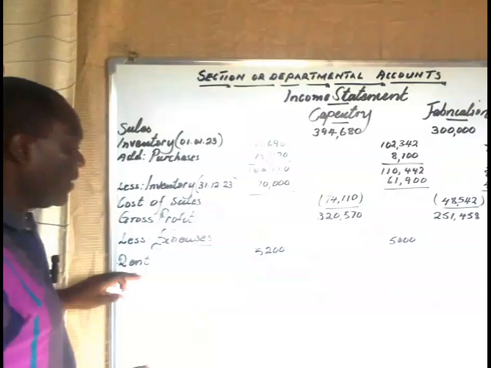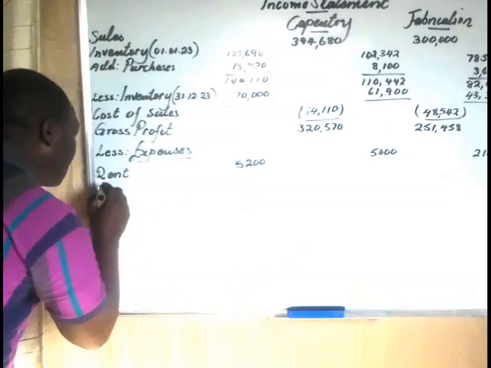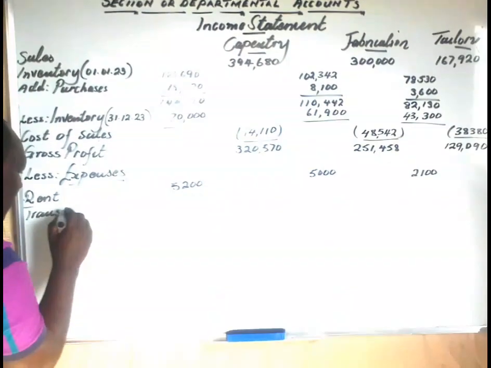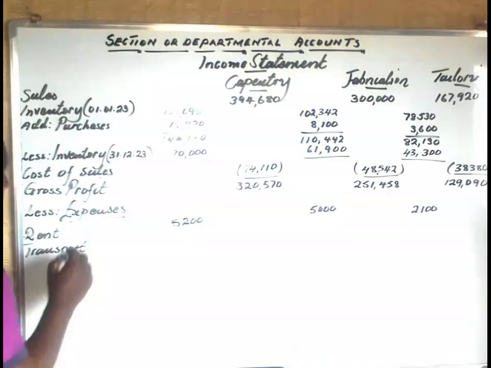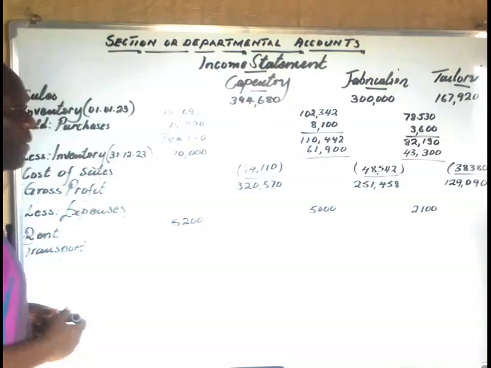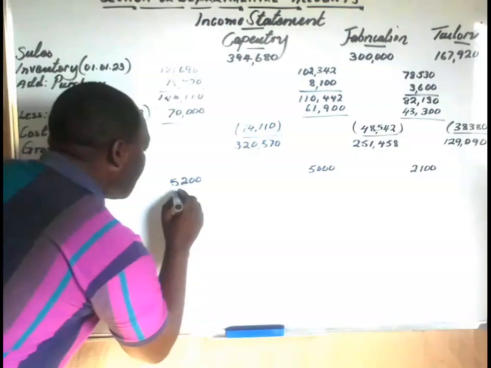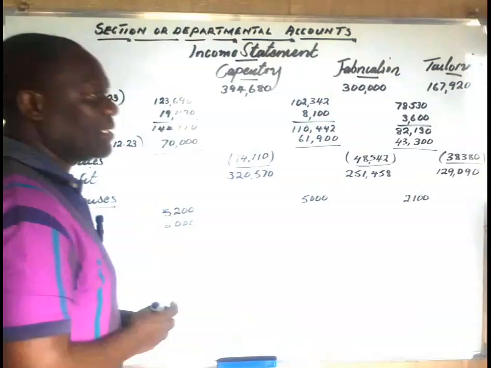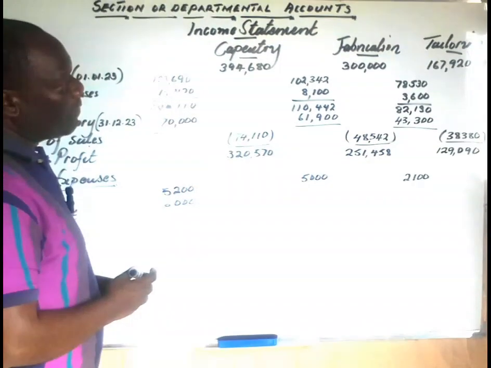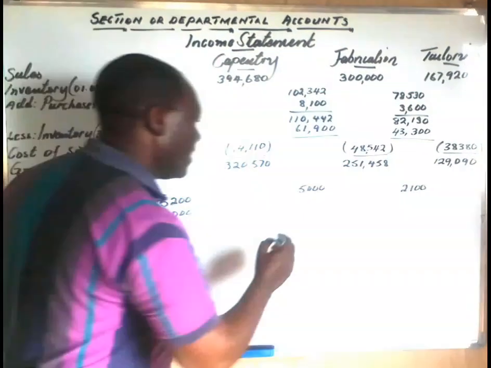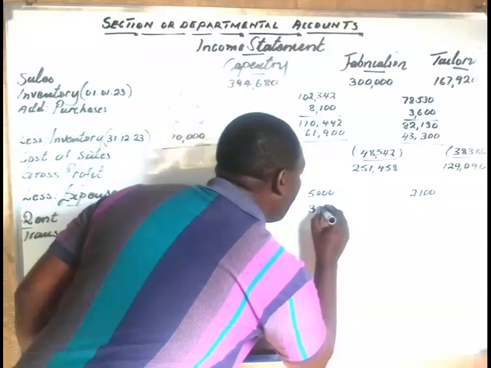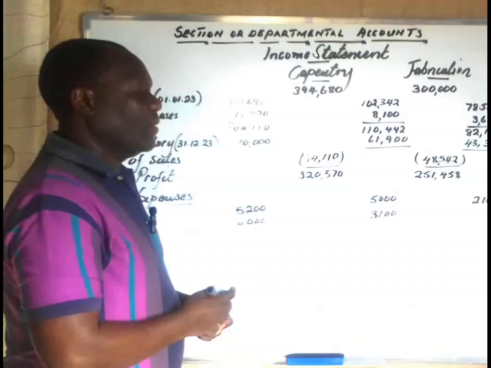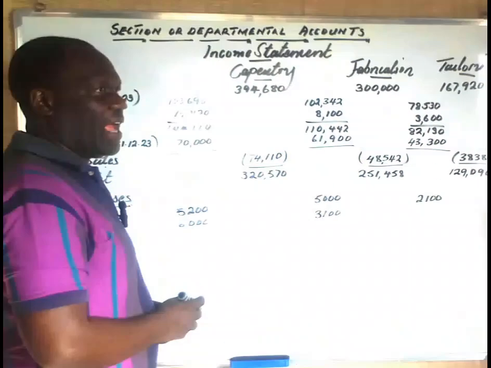Okay. The next expense was transport. Transport for carpentry was 6,000. This was the biggest. The transport for metal fabrication was 3,100. Transport for tailoring was 500.